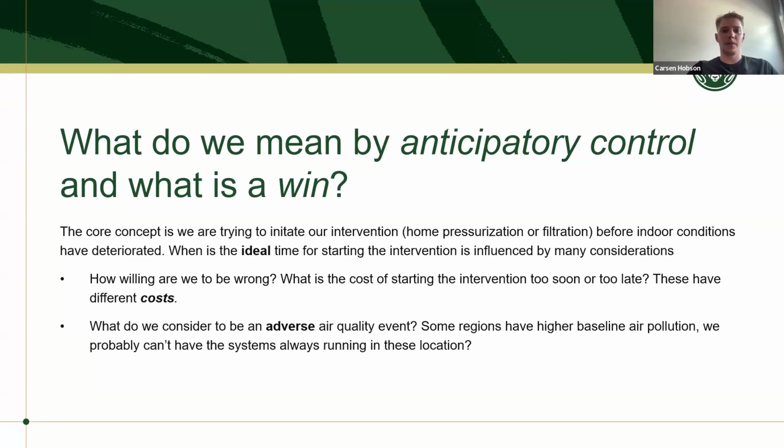If someone would like to run the system less to save money, that's one setting, and if they would want more protection but have higher energy costs, it would be different and intervene more.